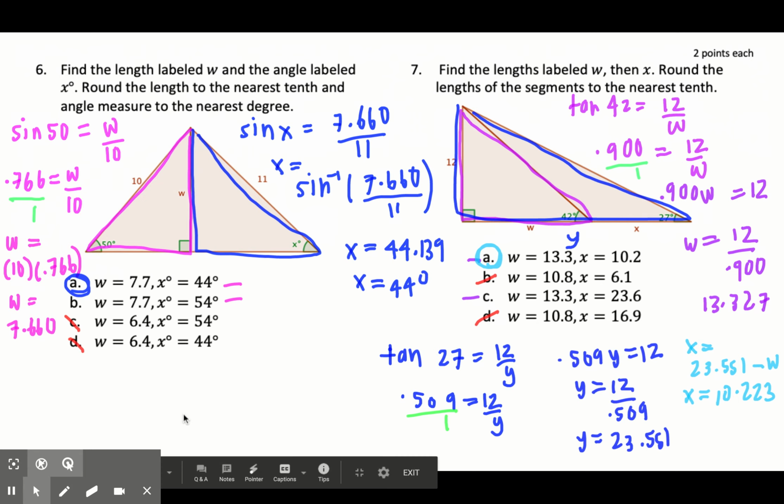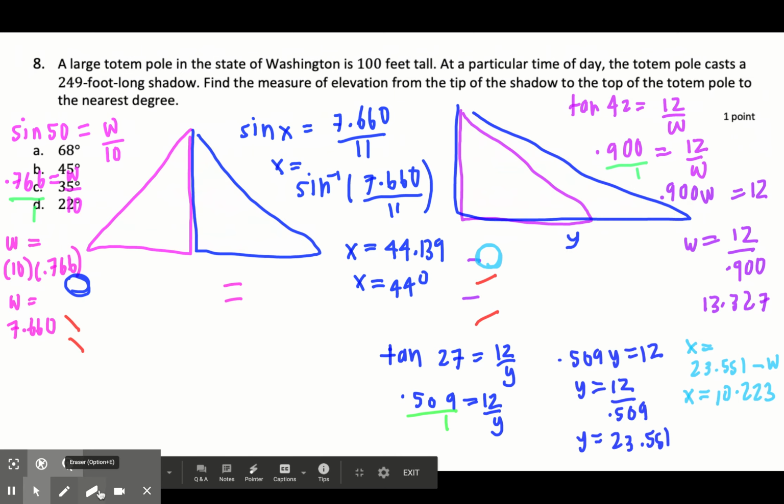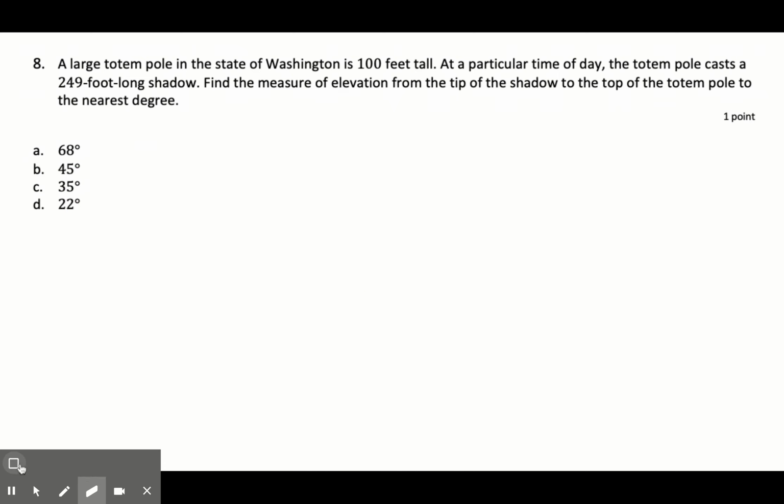Okay, last problem. So it says a large totem pole in the state of Washington is 100 feet tall. At a particular time of day, the totem pole casts a 249-foot-long shadow. Find the measure of elevation from the tip of the shadow to the top of the totem pole. Okay, so here's our totem pole.